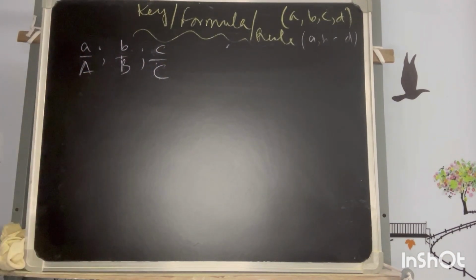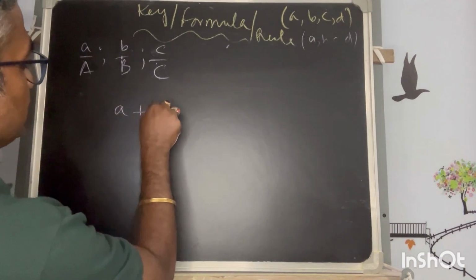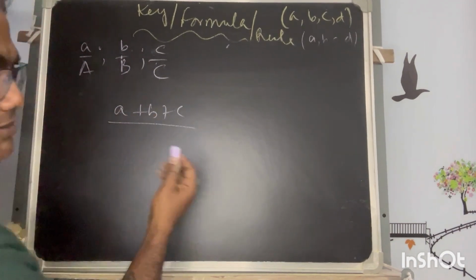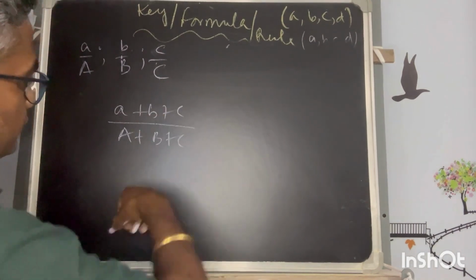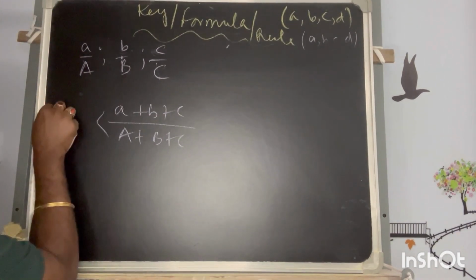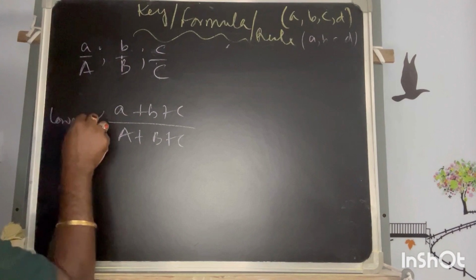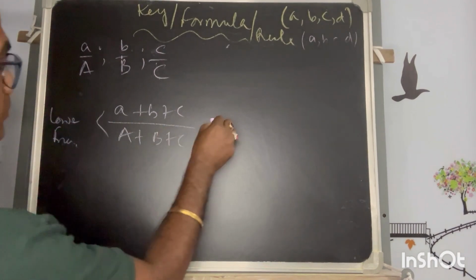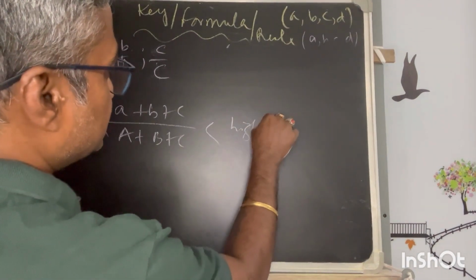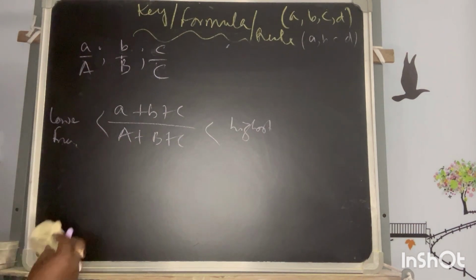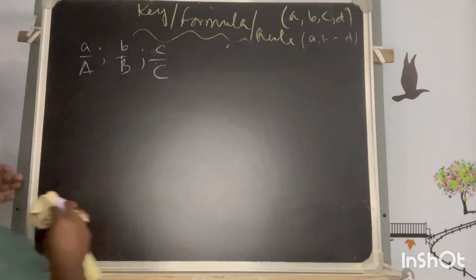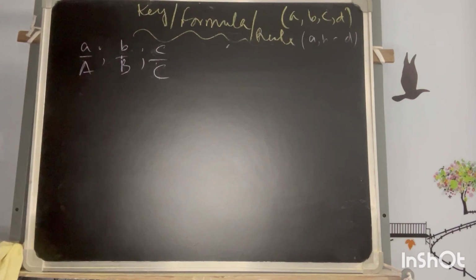So the example is this, and in this case what I told is, if we add the antecedents and add the consequents, the ratio whatever we find will lie between the lowest fraction and the highest fraction. This is one thing that I have not proved, but you can take any random numbers to prove it.